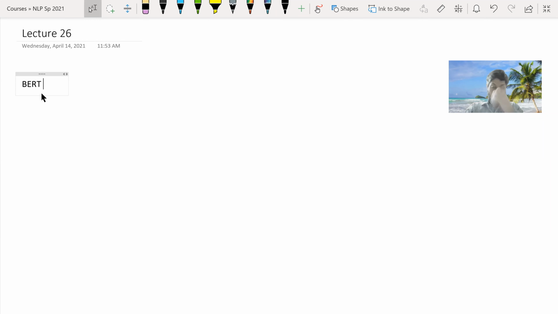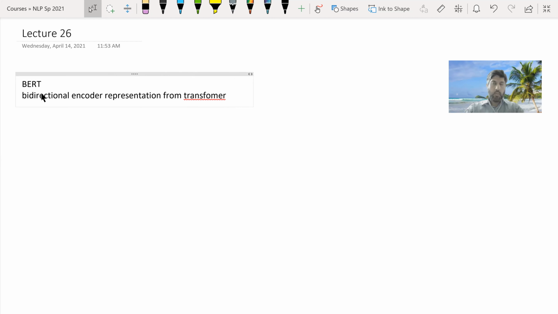So let's briefly talk about BERT. BERT, as I mentioned last time, stands for bi-directional encoder representation from transformers. So this is an architecture that was developed to learn language or learn a language model.